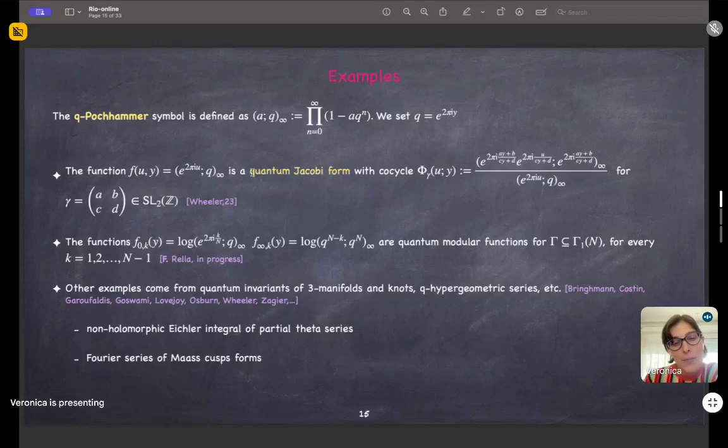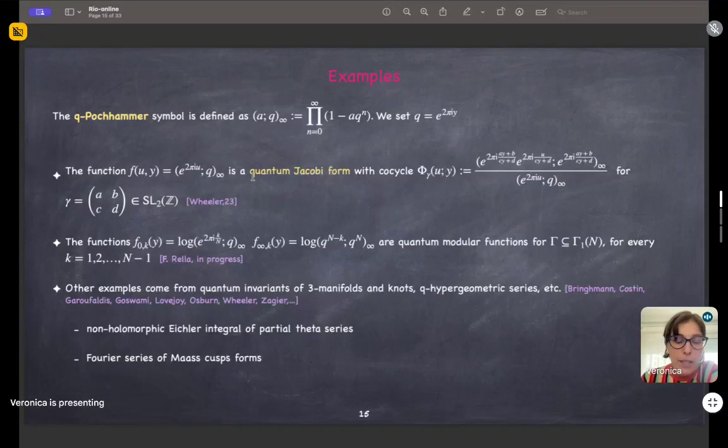Here I'm putting the adjective quantum to say that it's not, okay, a Jacobi form, so it will not be invariant, but the failure of this modularity is captured by the following function, capital phi, which is closely related to what is known as the Faddeev logarithm.